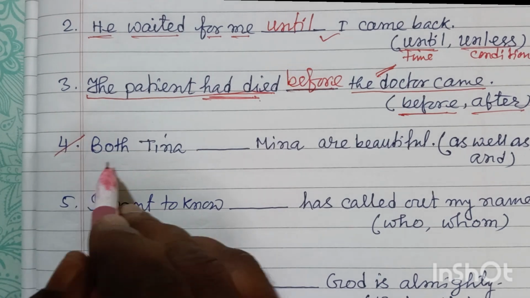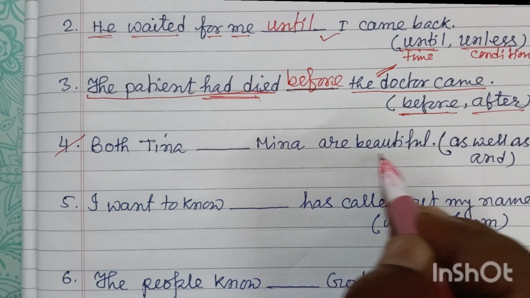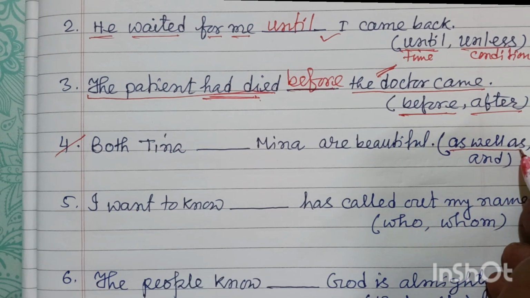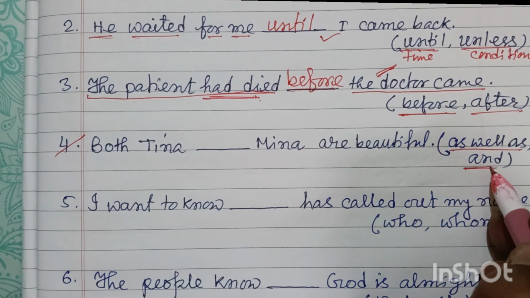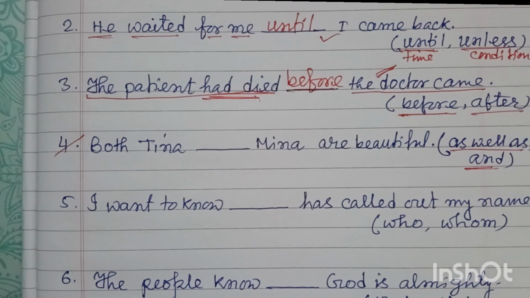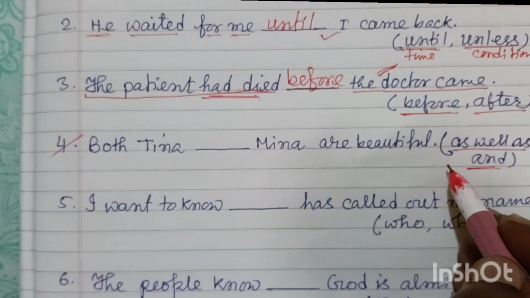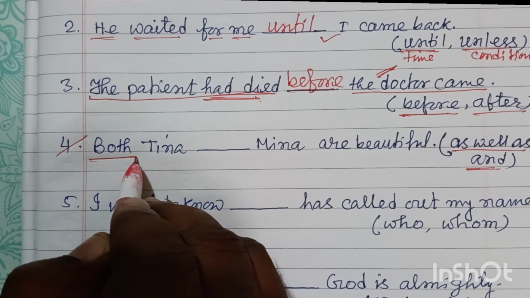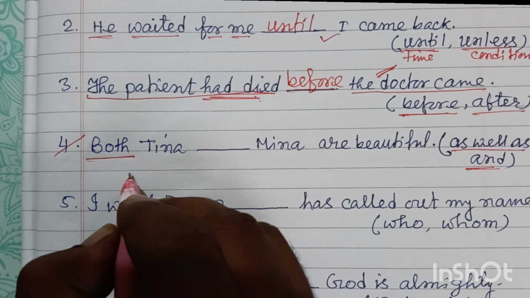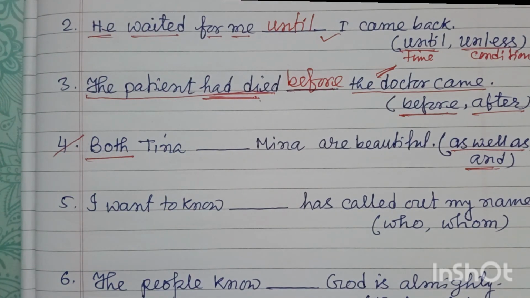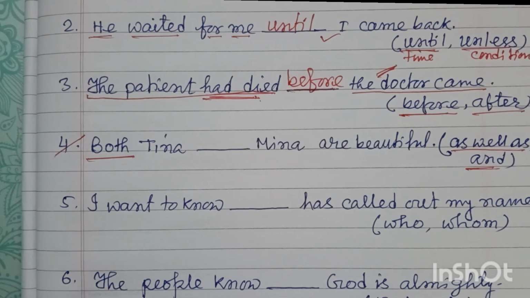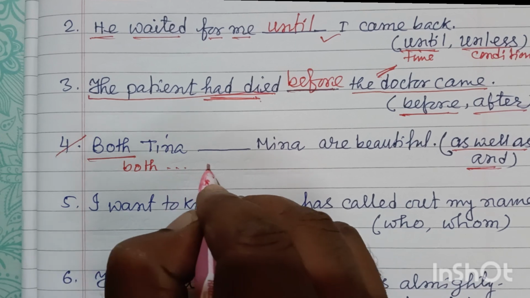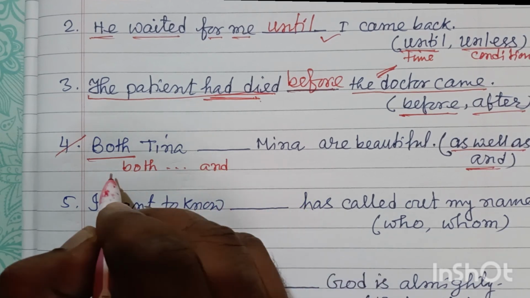Now question number 4: both Tina blank Meena are beautiful. My dear friends, you can see "as well as" and "and." Friends, as this determiner "both" is written, obviously it is a compound conjunction. "Both" is always followed by "and." This is the first clue.